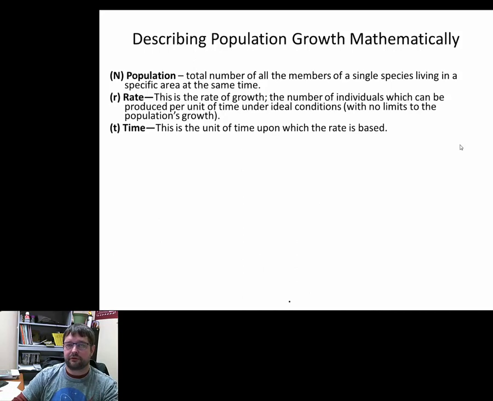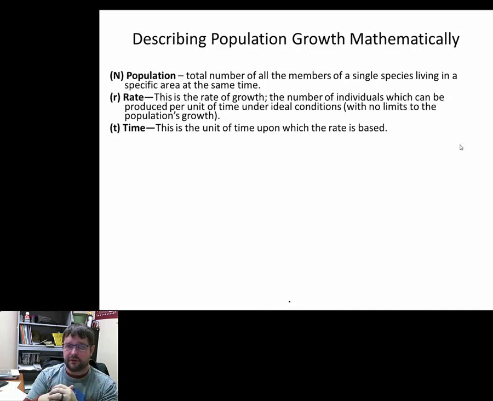Time is whatever time to maturation, or time to birthing, or time to hatch, or whatever it might be. It just depends on the organism and how many offspring they have in a given time. So if we're talking about bacteria, we might be talking about the number of bacteria that you can reproduce in a week.